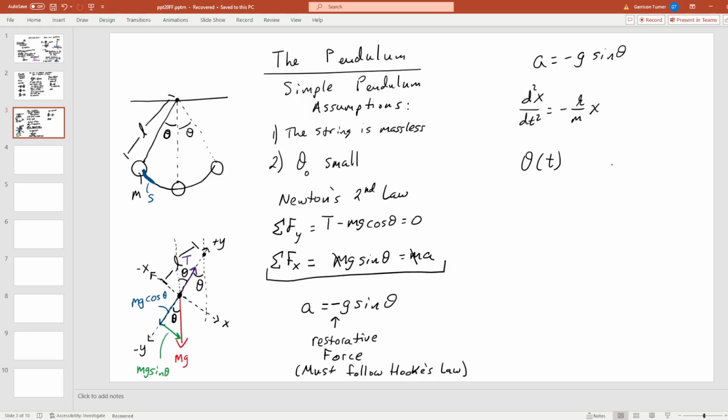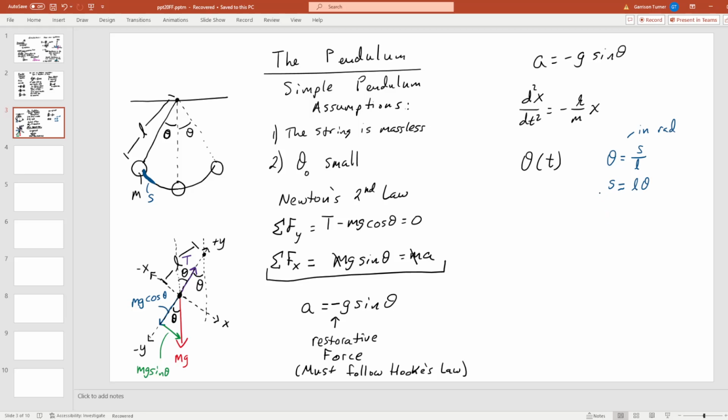And from geometry, remember that there's a fundamental relationship between arc length, radius, and angle, which says that angle is equal to arc length divided by radius. Okay? Now, again, this only works when you're in radians. And so, what we can say is that S is equal to L theta.